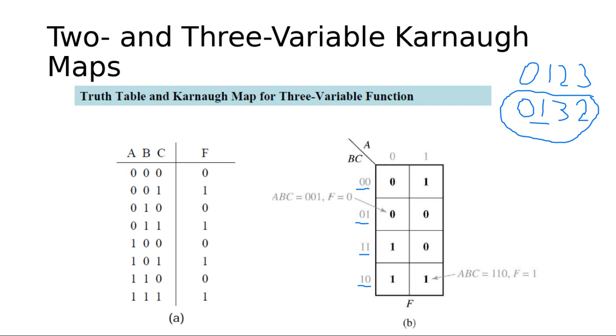Since 2 comes before 3. Yes, but in here there's differences. Why does it come before 3? Why is it different from the truth table?